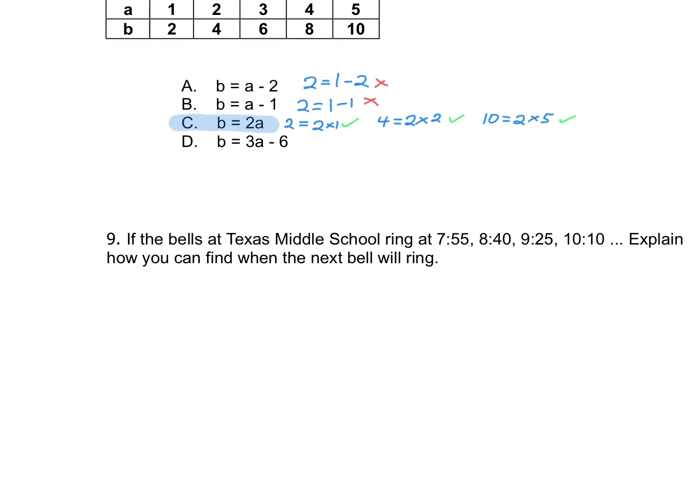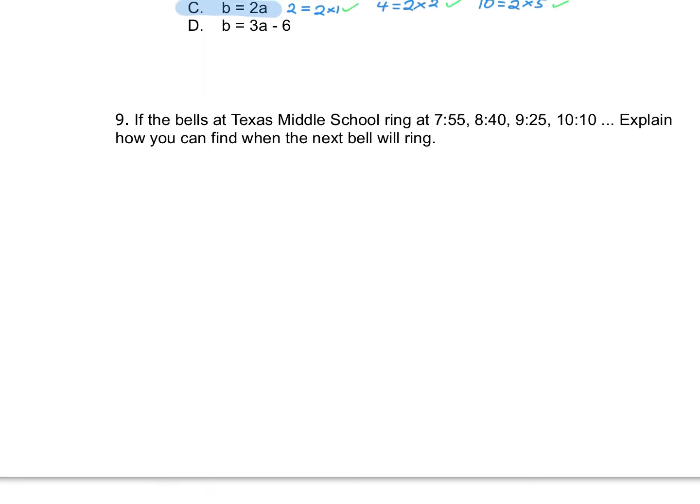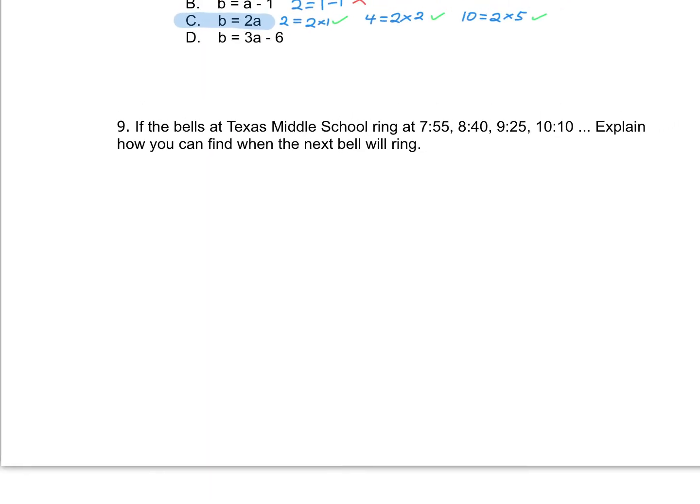All right. Next, we have: if the bells at Texas Middle School ring at 7:55, 8:40, 9:25, 10:10, explain how you can find when the next bell will ring. This is just a case of us finding this pattern and seeing what it is.